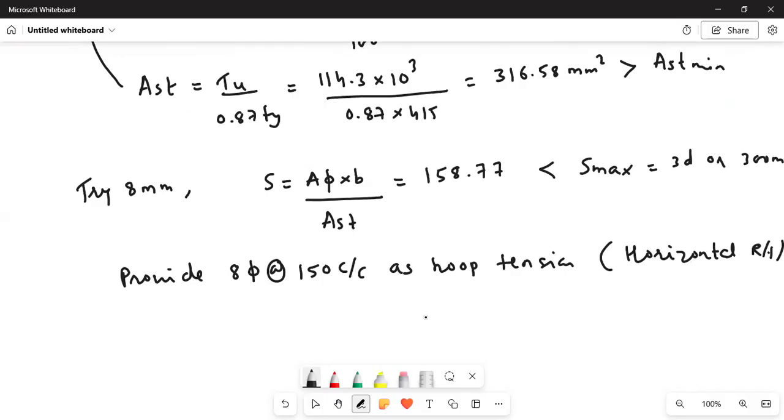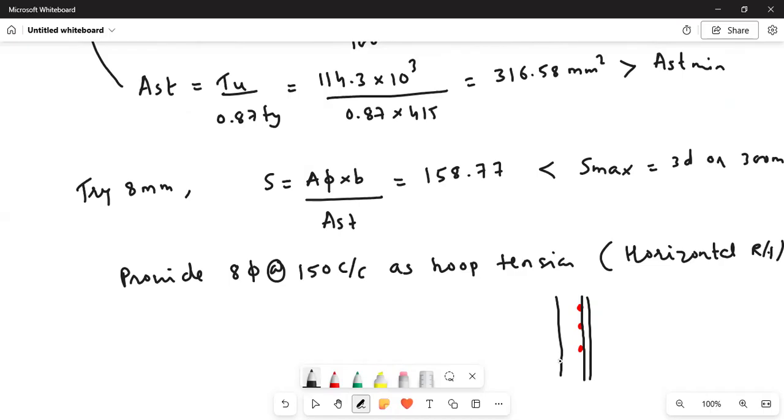We also have to provide for the side wall that we have. So in the side wall, the horizontal reinforcement will take care of the tension. We also have to provide the vertical reinforcement in the side wall. And the vertical reinforcement is nothing but the distribution bars. And what is distribution bars?